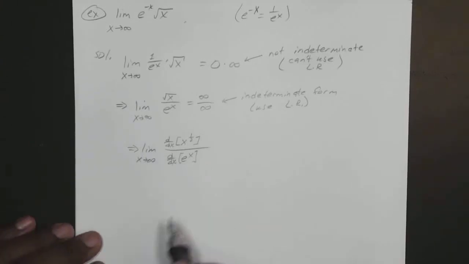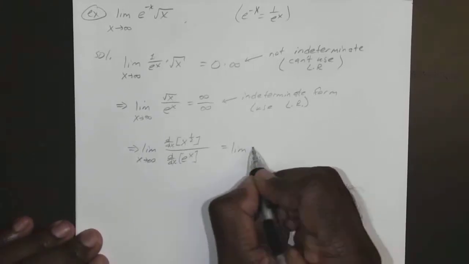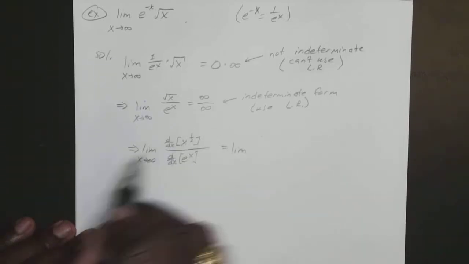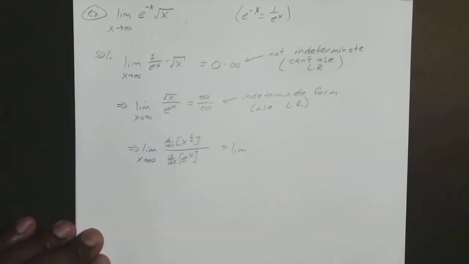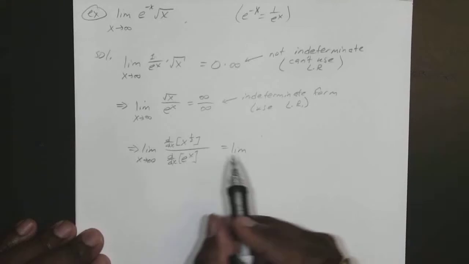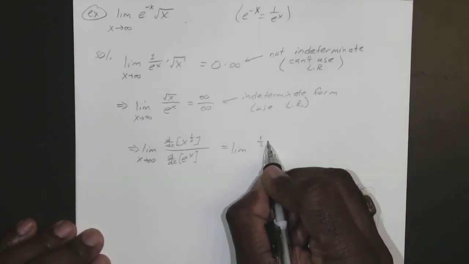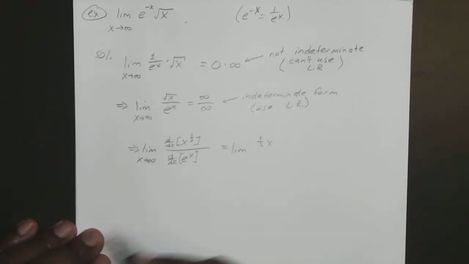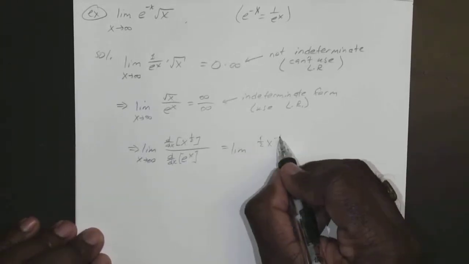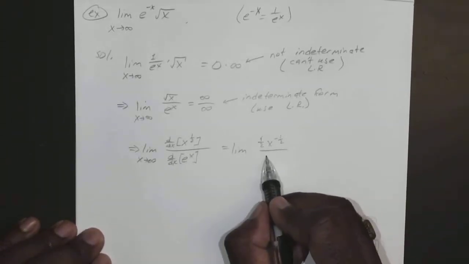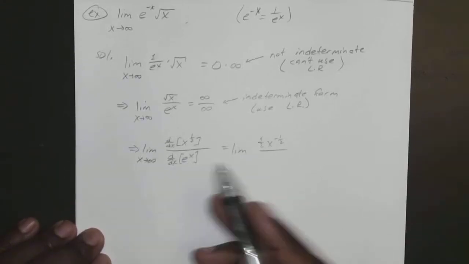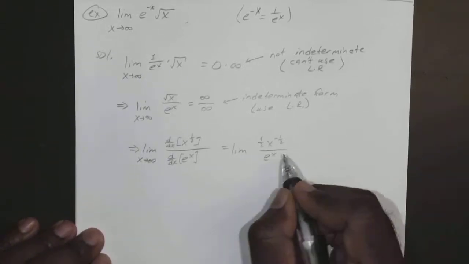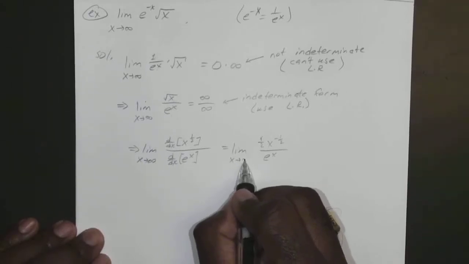Okay, so the derivative of x to the 1/2 power, bring down our 1/2, and we subtract 1. Which 1/2 minus 2 over 2 would make it negative 1 over 2, or negative 1/2. Divided by the derivative of e to the x is just e to the x as x approaches infinity.